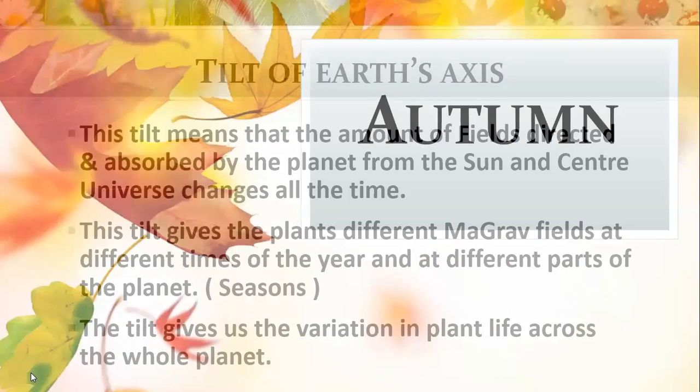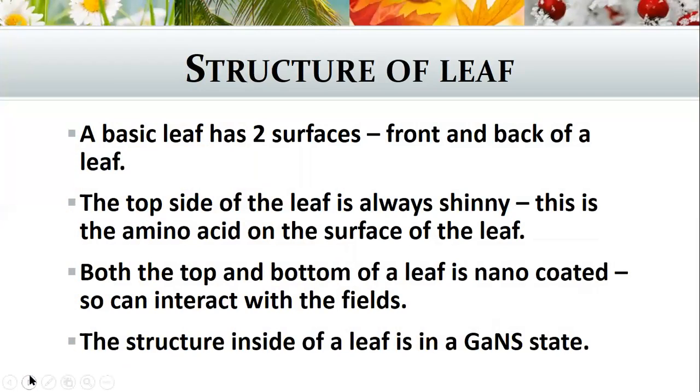Okay, I want to look specifically at autumn. And to do that, I'm just going to do a very brief structure of the leaf. The internal workings of the leaf, and when we're looking at photosynthesis, that we're still trying to work on and decipher.